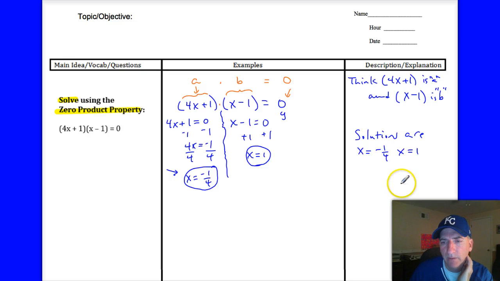Okay, so like I was saying, if we were to graph this, if that's negative 1 and that's 1, well, negative 1/4 would be like right there, 1 would be right there. I'm not sure exactly where it is, but those are the solutions. That's where y is 0.